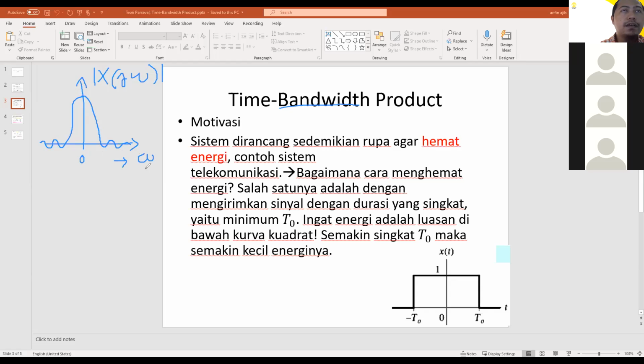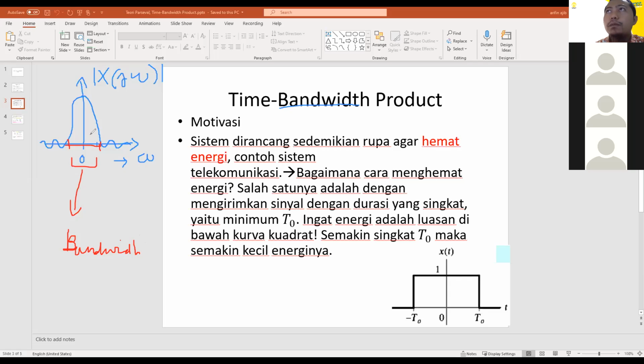So the bandwidth is how wide a certain range the signal occupies in the frequency domain. That's what we call bandwidth. It's the certain range that the signal occupies.